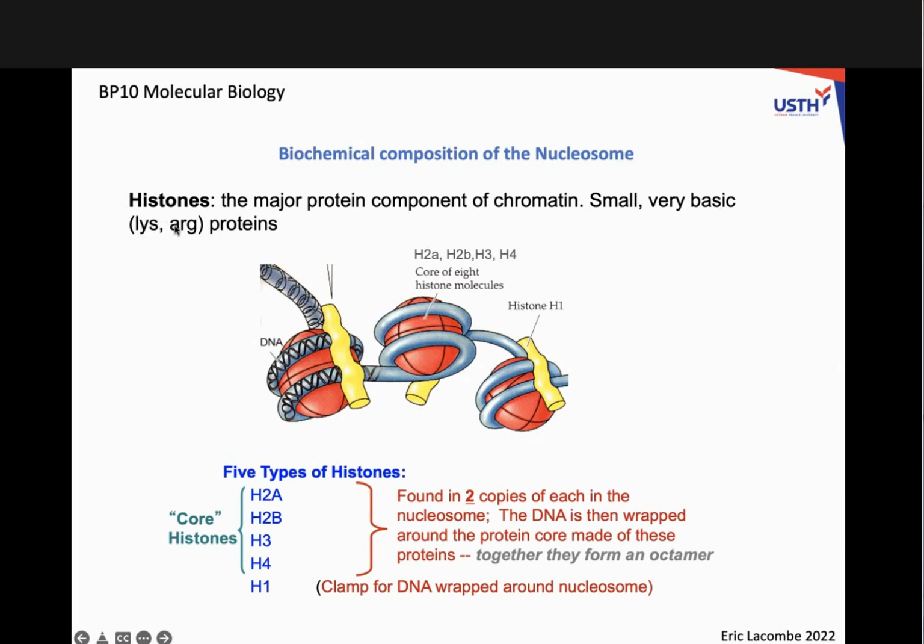It makes sense because these very basic amino acids, in the context of the nucleus, can directly interact with DNA, because DNA is charged negatively and will interact very easily with proteins that are very basic. That's just a biochemical point.